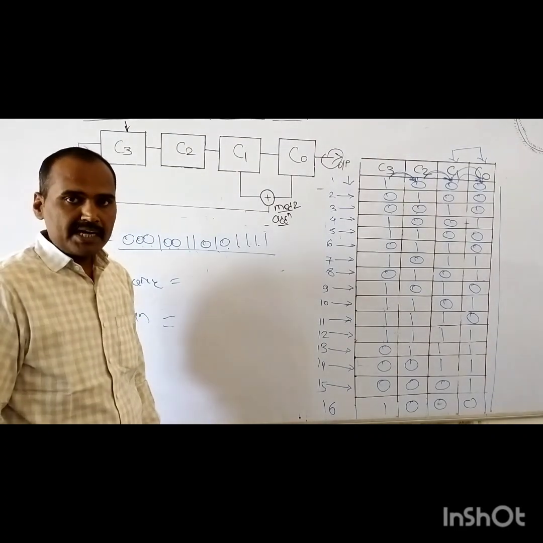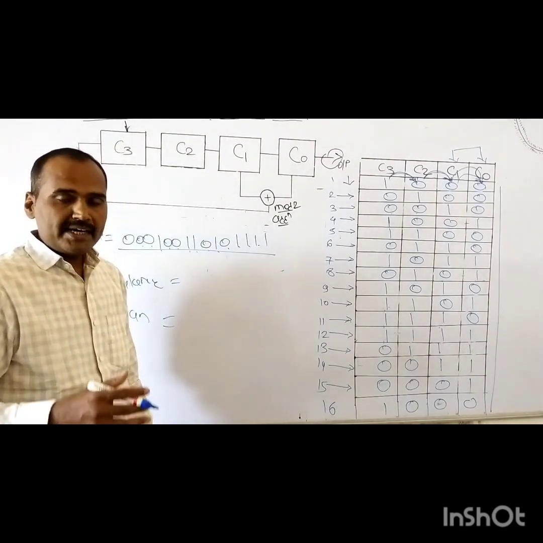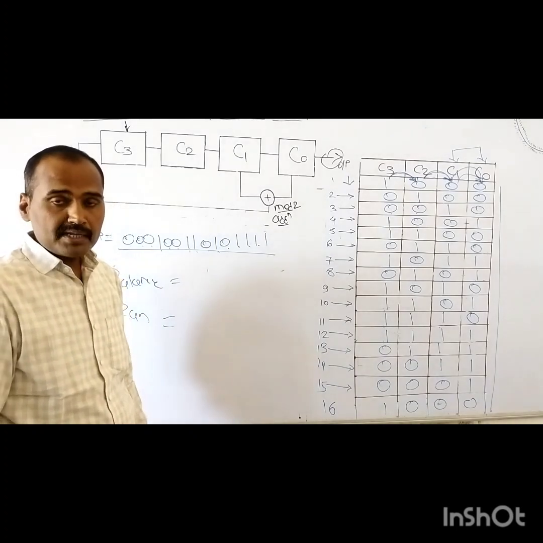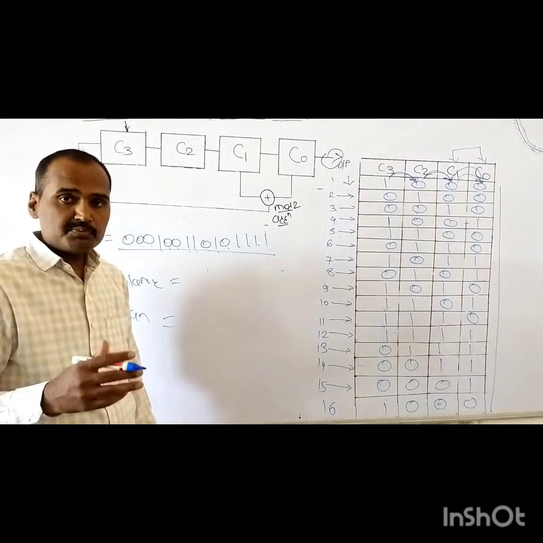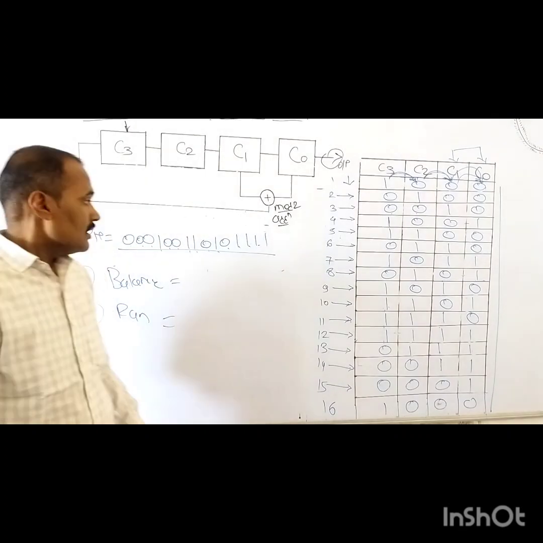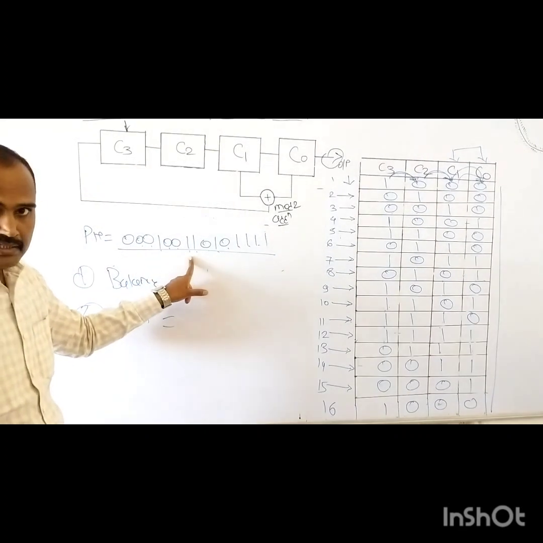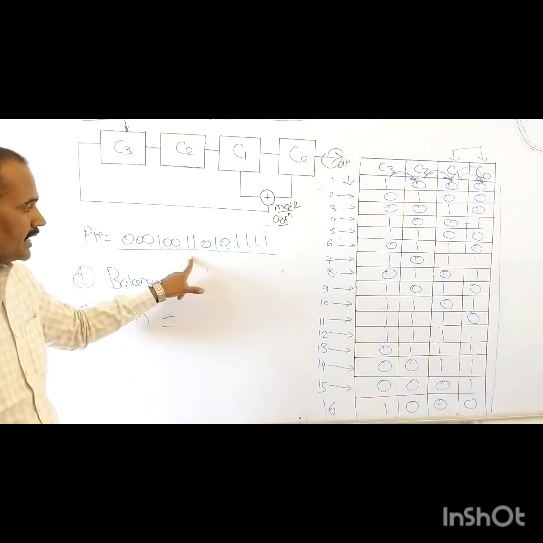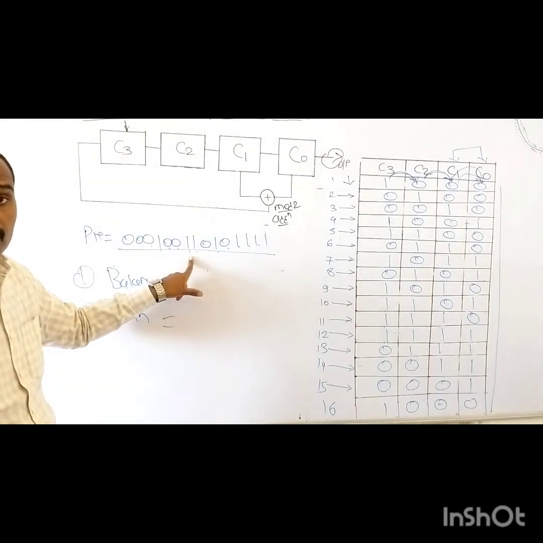Now as far as the balance property is concerned, it tells us that the total number of ones included in this PN sequence is always greater than the total number of zeros by an amount of 1.